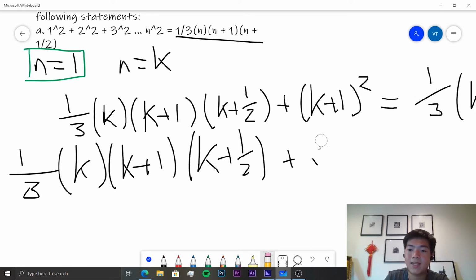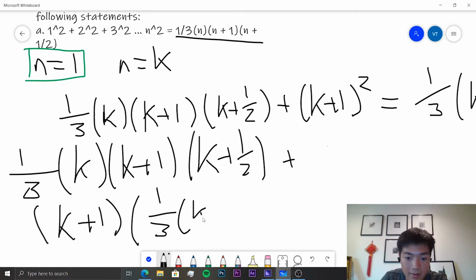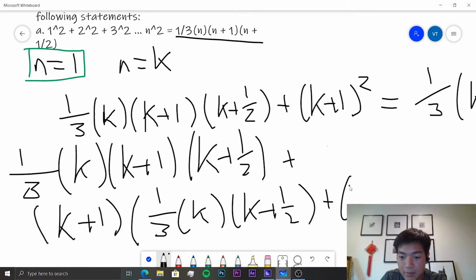If we're adding k plus 1 squared to this entire thing, then let's do some rearranging so it makes more sense. So we have (k plus 1) times [1/3 times k times (k plus 1/2) plus (k plus 1)].